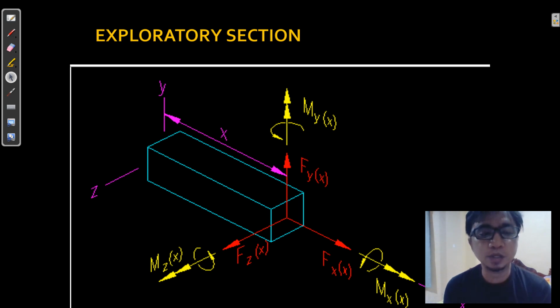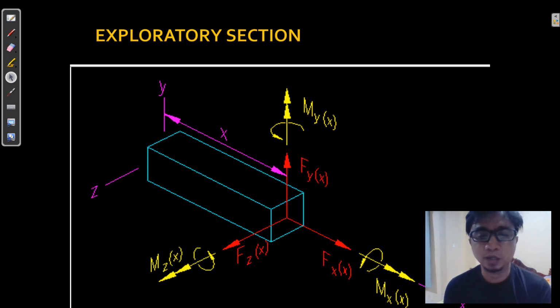A tangential force would tend to cut the body along the direction of the force. And as we can see, the y-axis is perpendicular to your member. So when we apply a force there, the effect is the shear force, or it will tend to cut the section of the member.